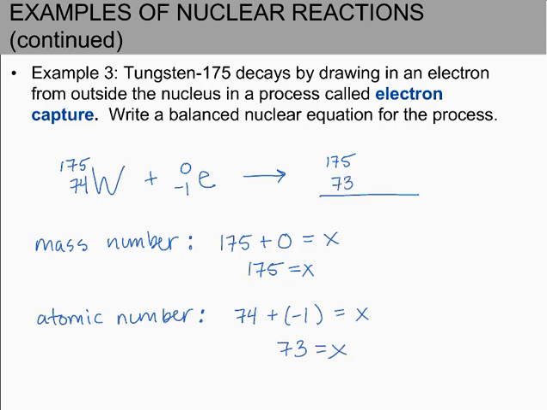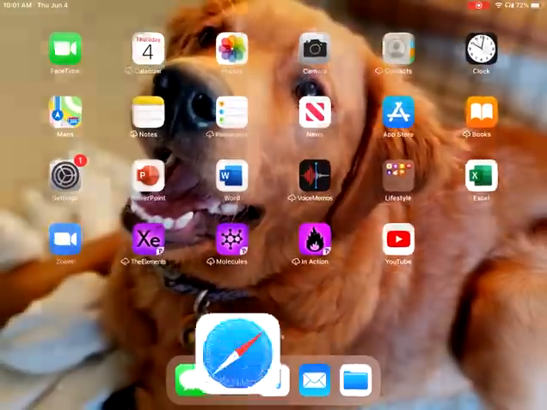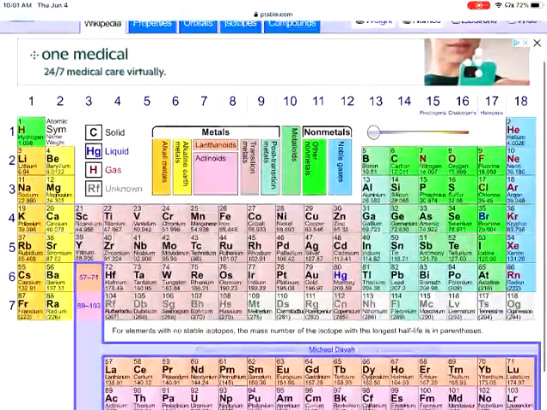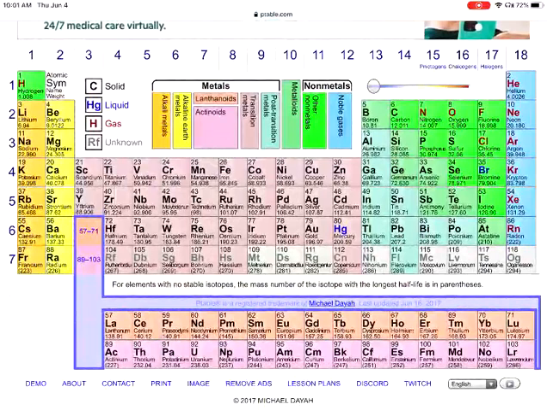Okay, so I don't know what element 73 is off the top of my head. So let's go look that up. What is element 73? So that should be right next to tungsten. All right, so it is tantalum. That's a cool name. And its symbol is Ta. Yeah, so with nuclear chemistry, we use a lot of elements that we don't typically talk about.